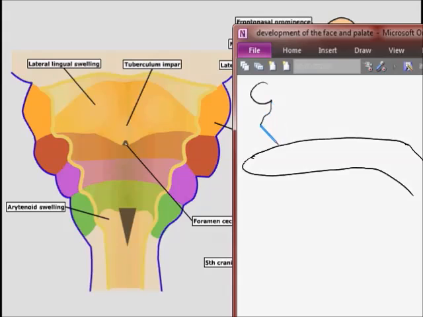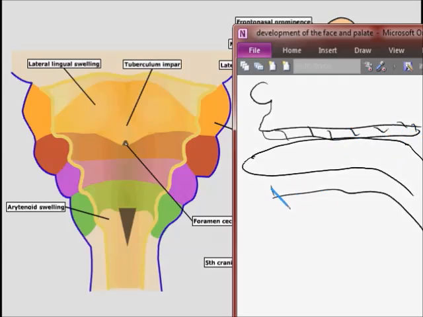Bad drawing, never said I was an artist, but your teeth here, bottom teeth there, and a little punching bag thing in the back, which we call the uvula. Just thought I'd share that, just to sound smart. But anyway, your eye is up here somewhere, and so is your tongue. Now, what you have here in the front, that's going to be your lateral lingual swelling, also from arch number 1.